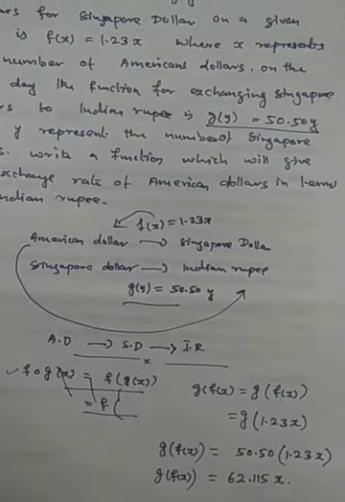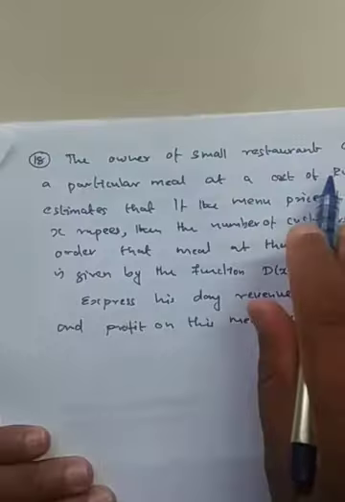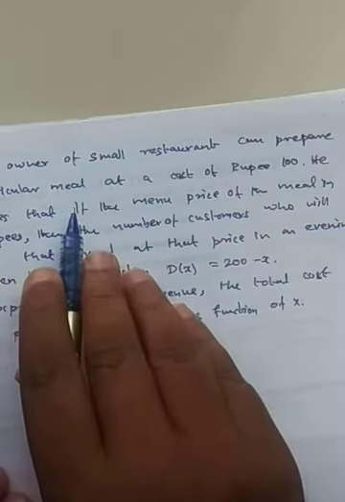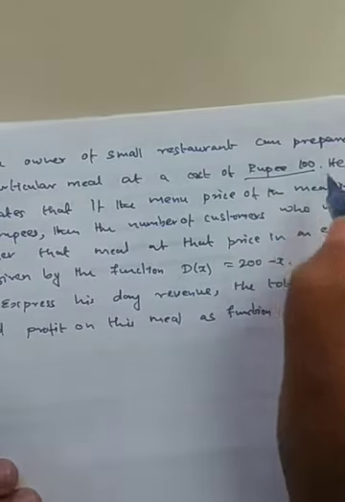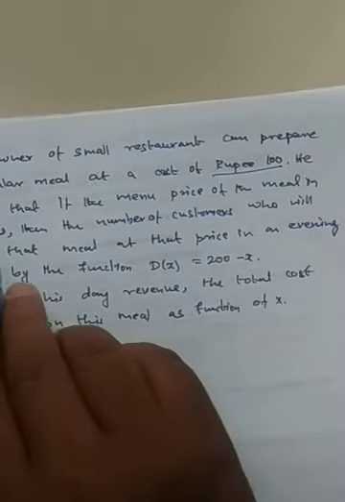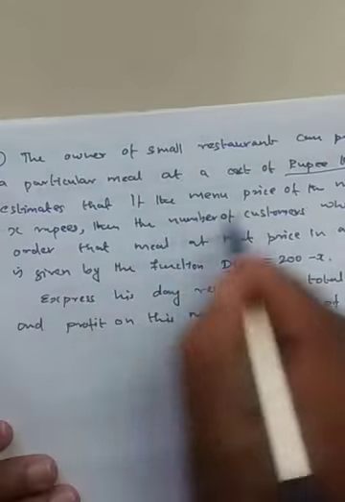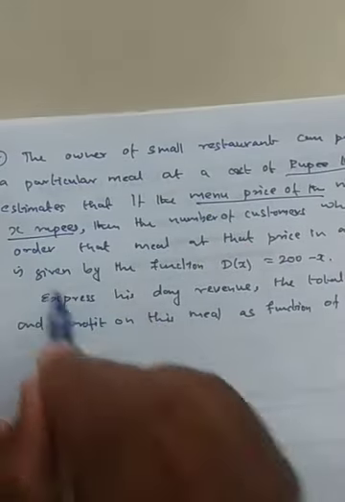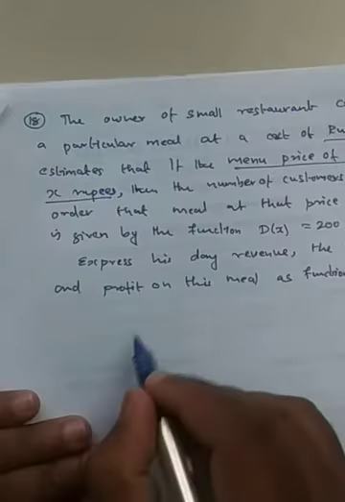Okay, next question, another question. The 18th question is here, it's interesting. You can see here the owner of a small restaurant can prepare a particular meal at a cost of rupees 100. Here he is preparing for rupees 100. He estimates that if the menu price of the meal is x rupees, he is selling for x rupees.